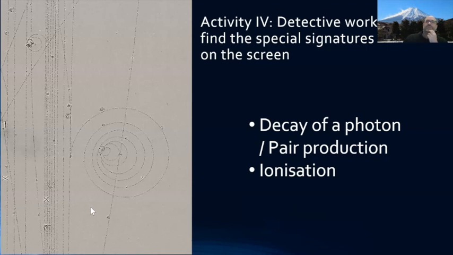So for the decay of a photon, we need two spirals. One is going to the right and one is going to the left.